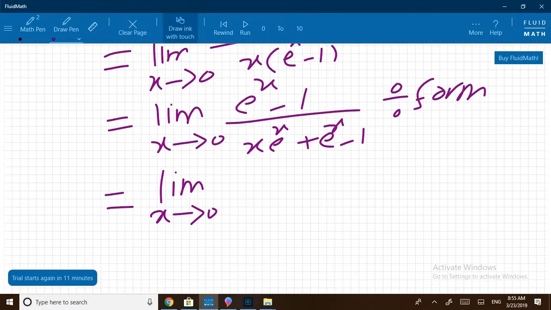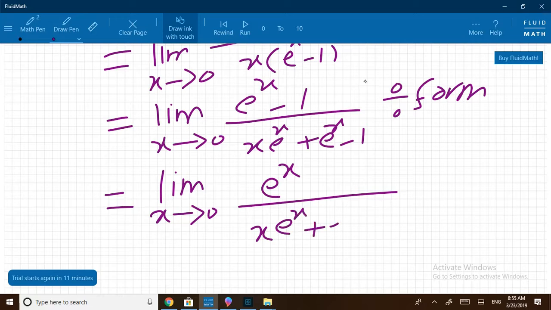Now again take the derivative: e raised to the power x, and the derivative of x e raised to the power x will be x e raised to the power x plus e raised to the power x, plus this.